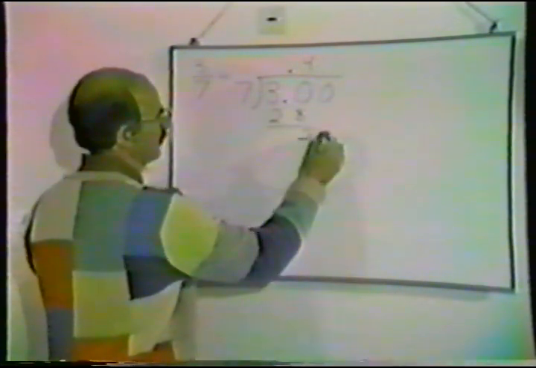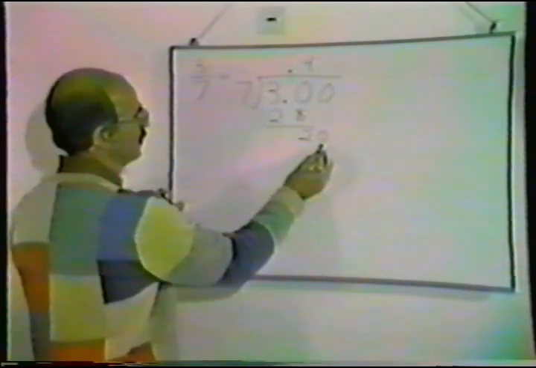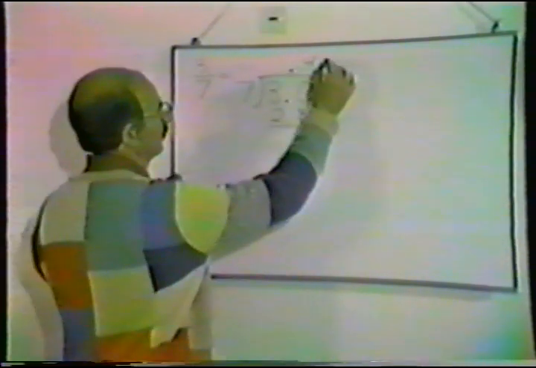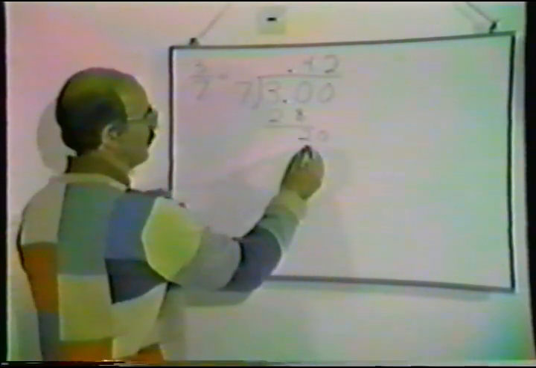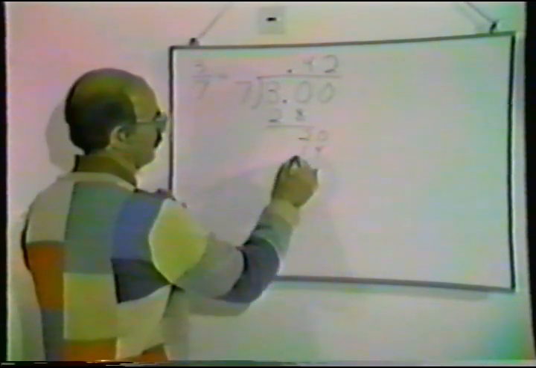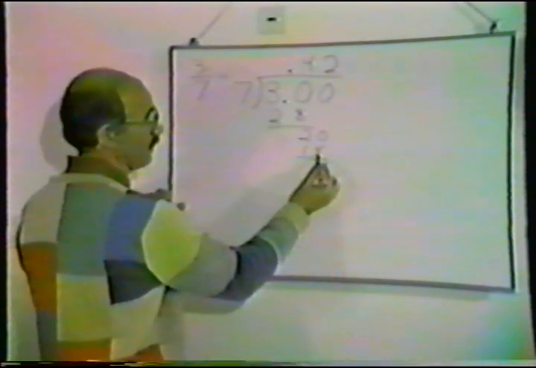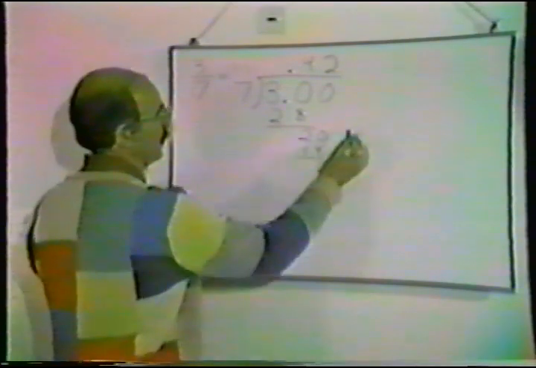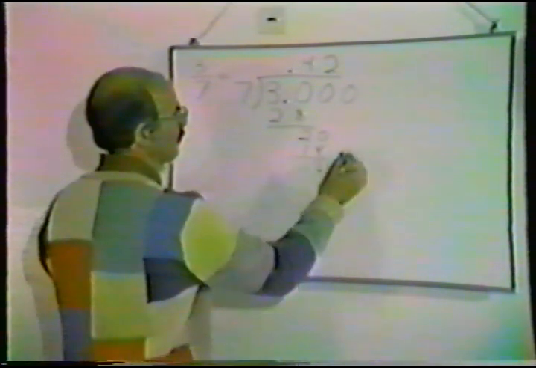Bring down the 0. 7 into 20. 2. 2 times 7. 14. 20 take away 14. 6. Bring down the 0.